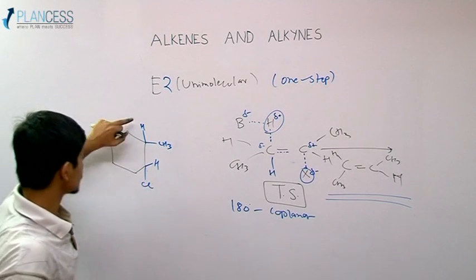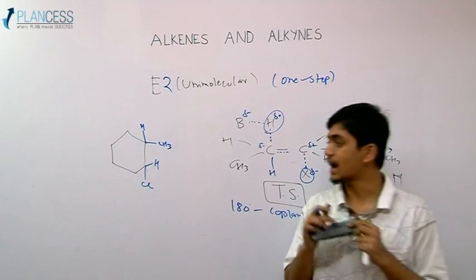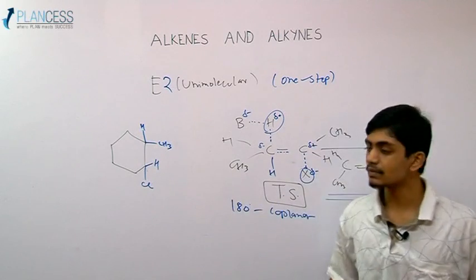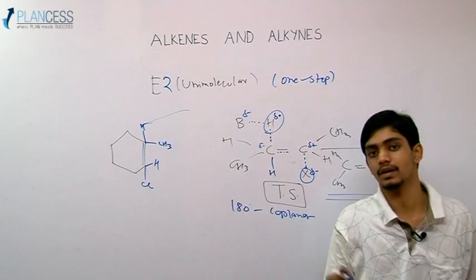We see that this hydrogen and this Cl are coplanar to each other and are anti to each other, and hence now the elimination can happen, that is, the base can abstract this hydrogen and we can get a double bond over here.